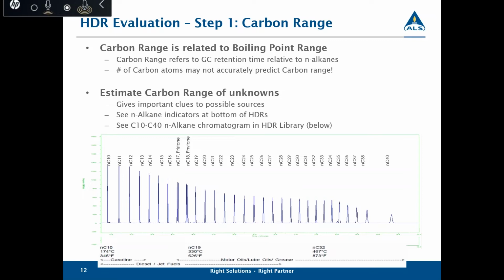For example, branched alkanes will elute earlier from the GC analysis than straight chain alkanes. A very good example on this chromatogram is pristane, which is a C19 branched alkane and will elute well before the C19 straight alkane. This is something to be aware of.